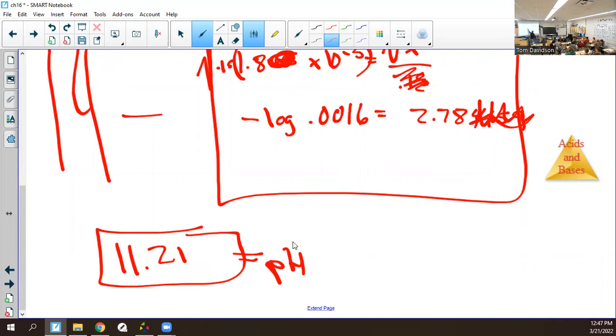If you forgot this part, you would be telling me that your pH of a base was 2.78. Your brain, which I know doesn't work on AP tests, but it should, should say, uh-oh, I did math and got an acidic pH for something they told me is a base. Oh, I forgot to subtract from 14. Don't forget to subtract from 14.